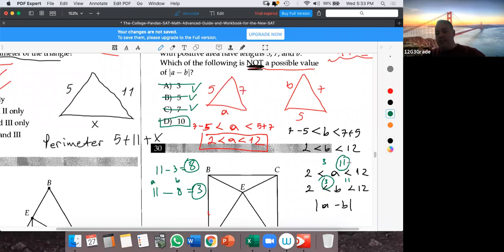If A is the maximum 11 and B is 3, 11 minus 3 is 8. So 8 is greater than 7, 5, and 3, but 8 is definitely less than 10. So the result cannot be 10. There is no A and no B such that A minus B is equal to 10. We are just trying. Okay?